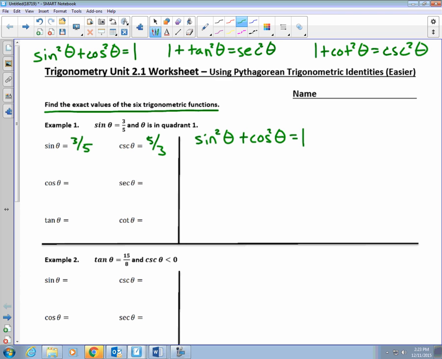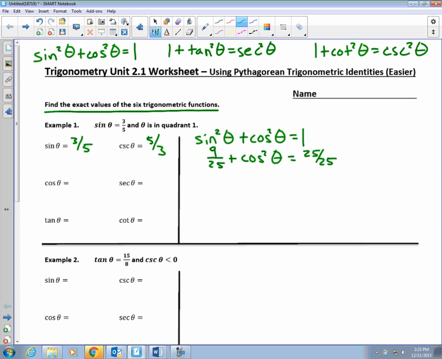What do you get if you square 3/5? 9/25. Very good. I'm going to turn 1 into 25ths. How would I write 1 as a fraction? 25/25.